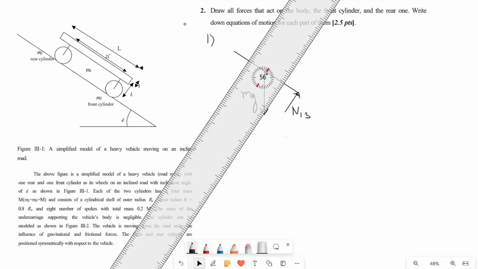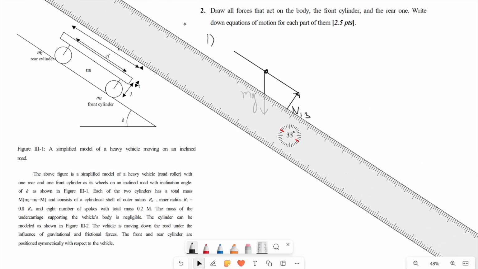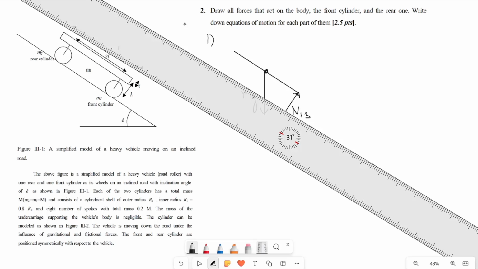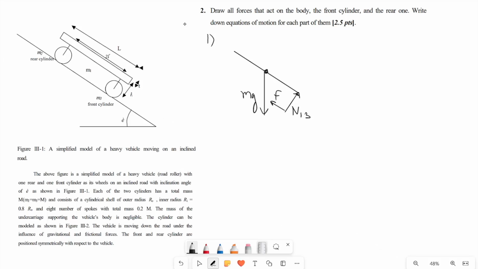It will also have a frictional force. The frictional force will be opposing the motion down the ramp, so we're going to have another vector acting along here. This vector of a frictional force will just be acting on 1 from object 3. I think the mark scheme definitely assumes that object 3 here is just the front cylinder.